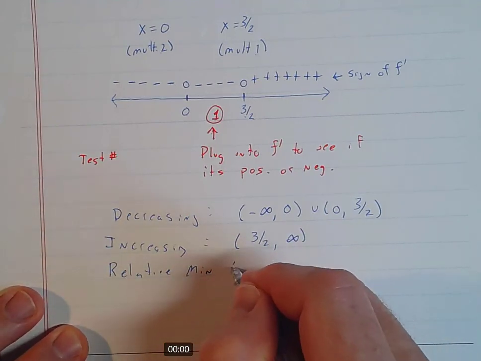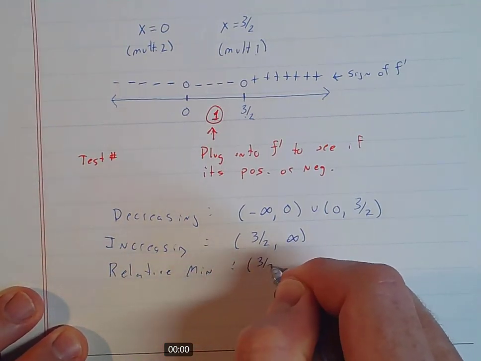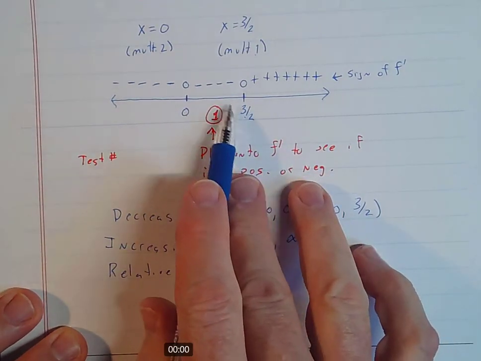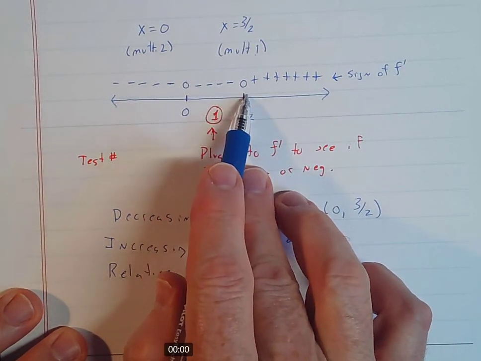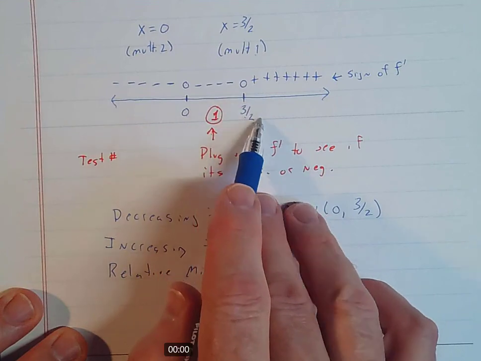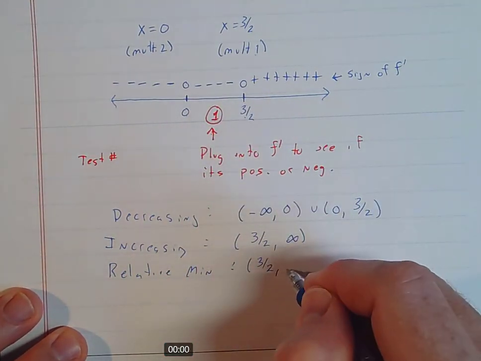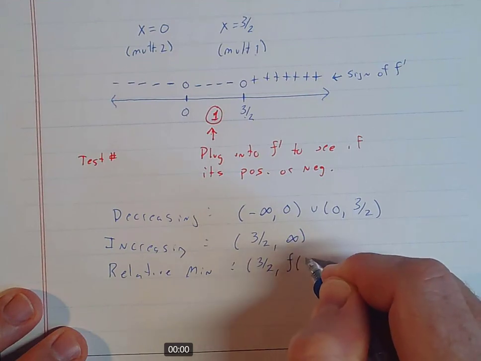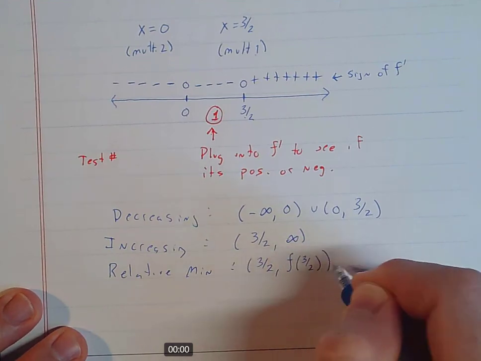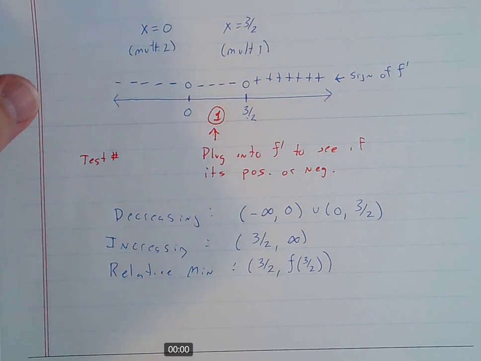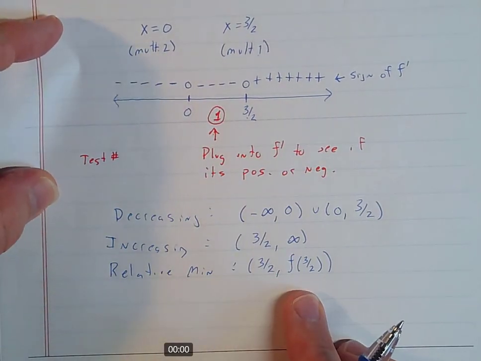And that relative min is happening at the point 3/2, right? That's where it's decreasing, then at 3/2 it starts increasing. And remember the 3/2 is the x value there, and then whatever the y value is at 3/2. Okay, so 3/2 and f of 3/2.